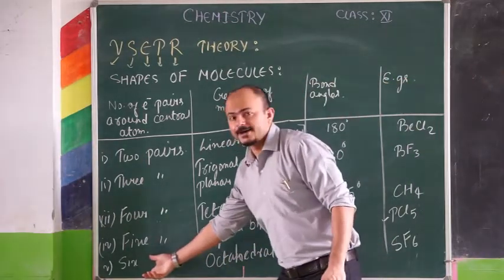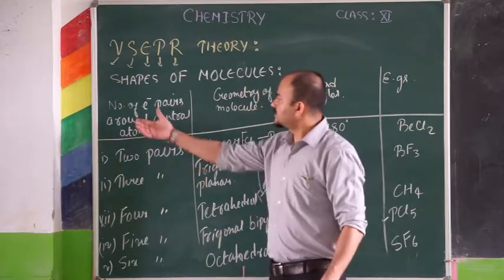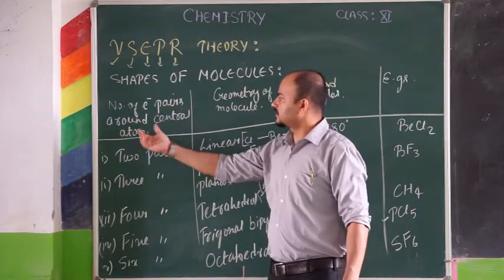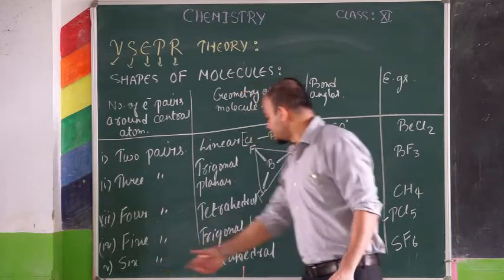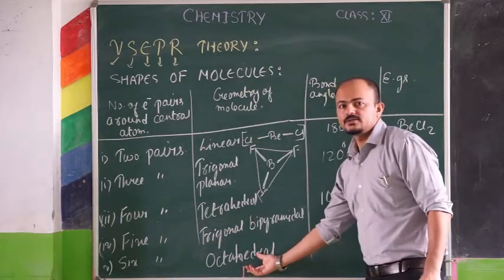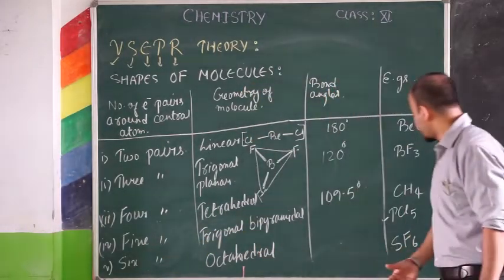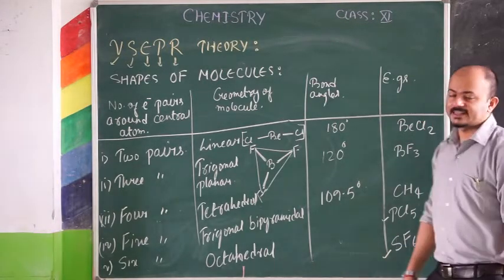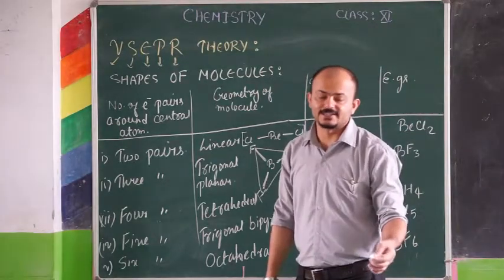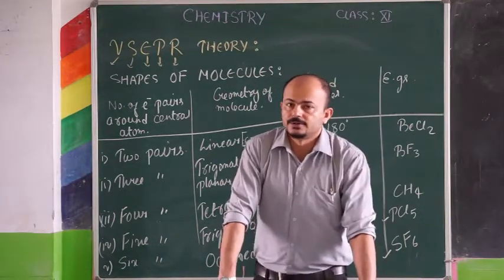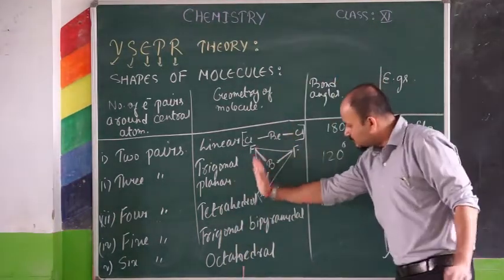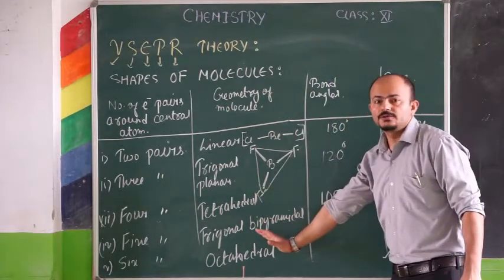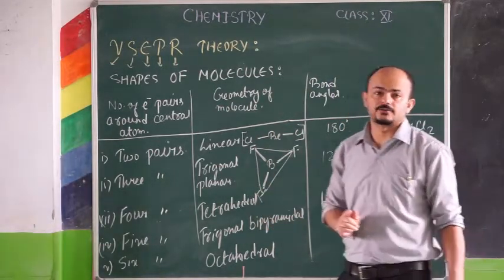Now, if you have six electron pairs around the central atom, then its geometry will be octahedral. The example of such a molecule is SF6, which we also saw today. So you have to remember. Now this geometry is true if you don't have a lone pair of electrons.